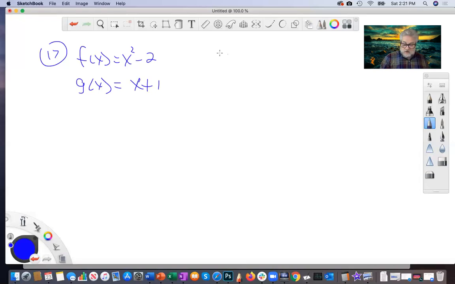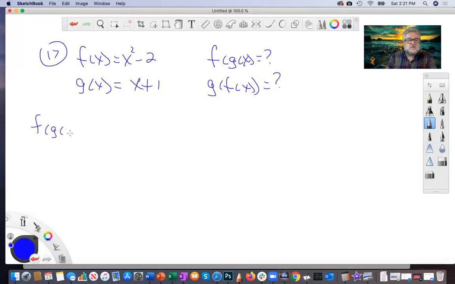So what is f of g of x? And what is g of f of x? Okay, so f of g of x. I'm going to plug g of x into f. So f of g of x is going to be, where I see x, I'm going to plug in that.